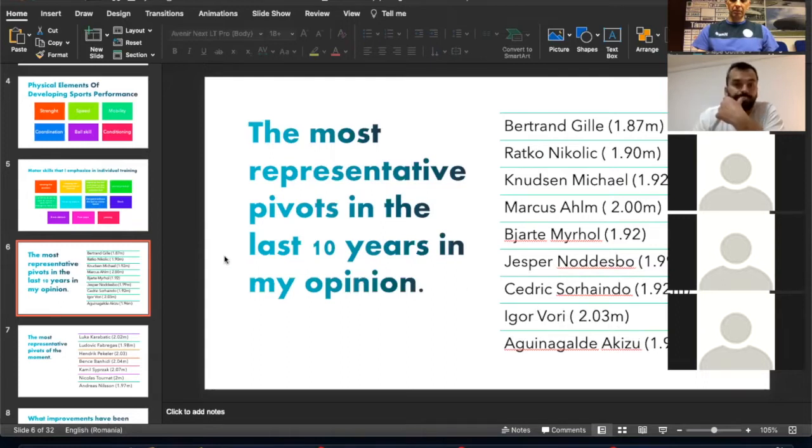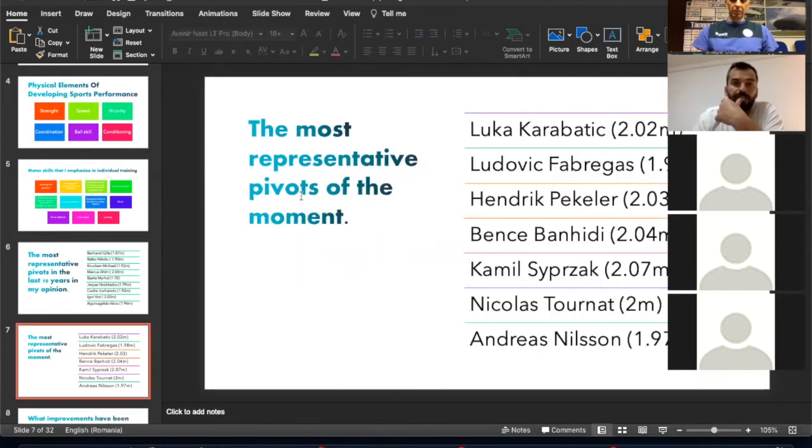And for the most representative pivots of the moment, I put these guys: Luka Karabatic, Fabregas, Pekeler, Bánhidi, Šubjak, Tournat, Nilsson. All these guys are around 2 meters. So, if you can see, the pivots are taller at this moment.